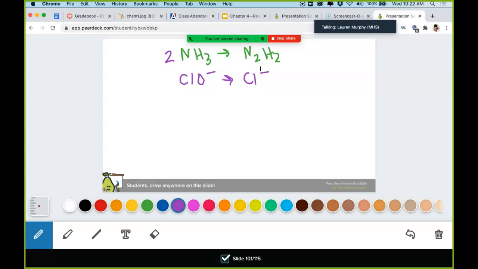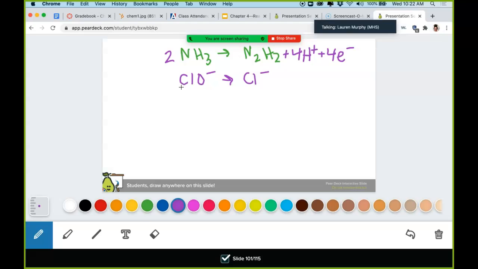There are 6 over here and only 2 over here, so I have to add 4 hydrogen ions to this side. Okay, the next thing you balance is charge. This is no charge, this is no charge, but this is plus 4, so I'm going to add 4 electrons over here. Plus 4 minus 4 is 0, and then this is 0. They match.